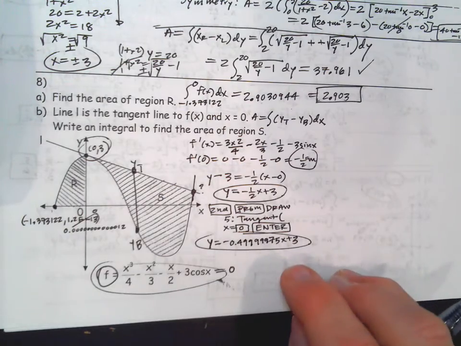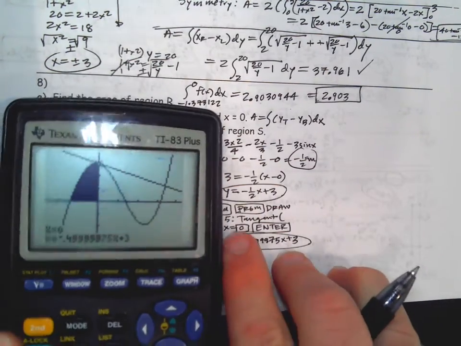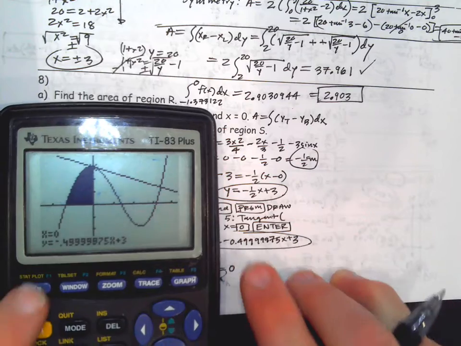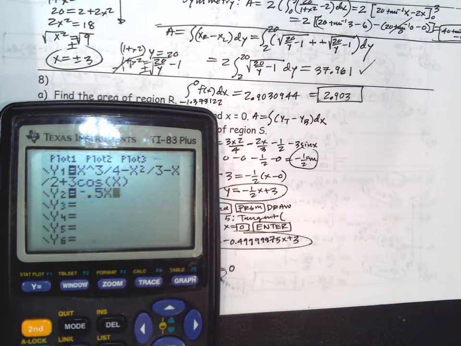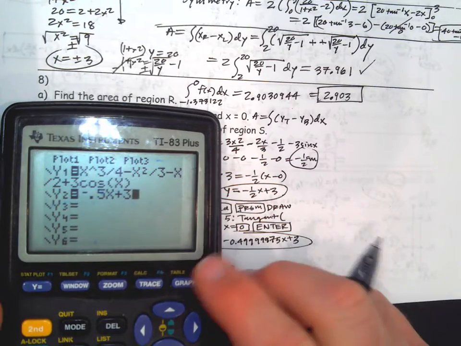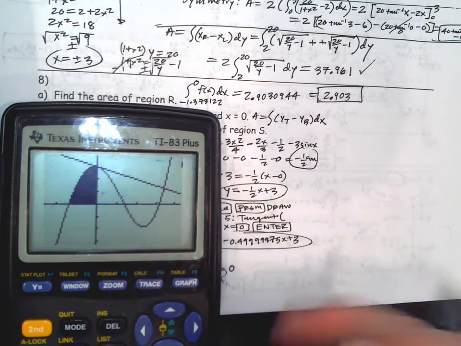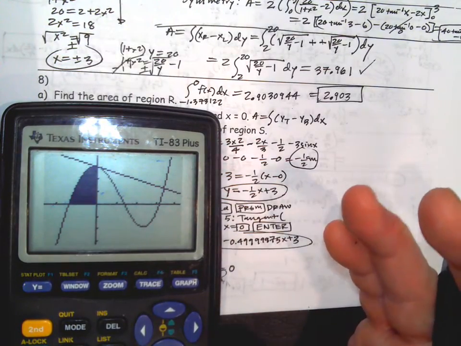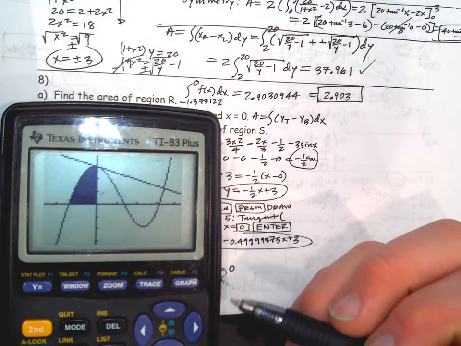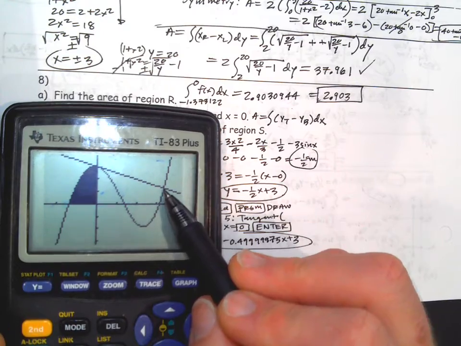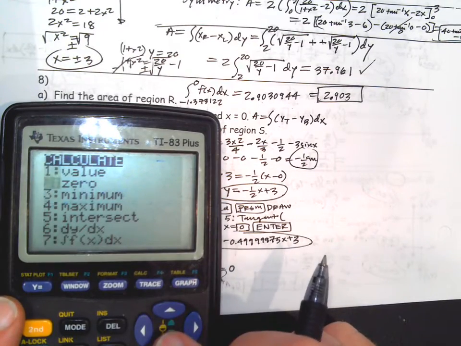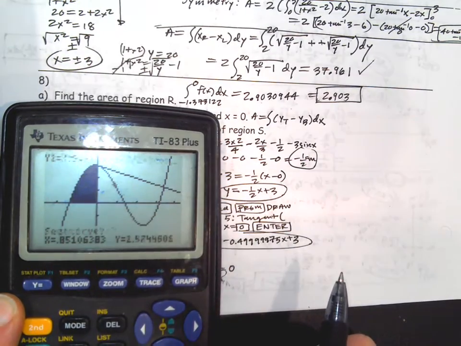Now, that's good. What we could do is type this into the y menu now, -0.5x plus 3. So we can graph it. Now, it's already graphed there, but it's not really there to do calculations with until you enter it into the y menu. The reason I did this is I want to find the intersection of both of these, right? So I'm going to go second calc, intersect, first curve, second curve, guess.